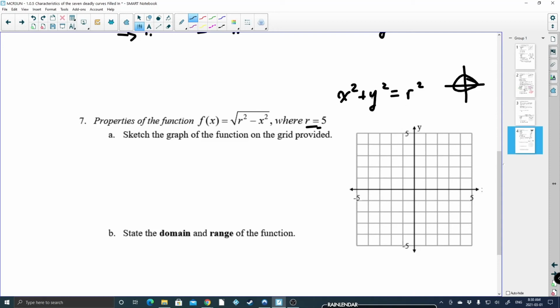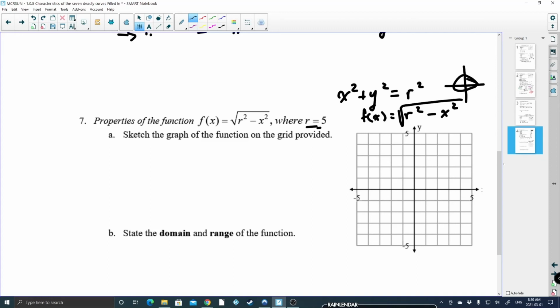And if we replace y by f of x and isolate y, you'd bring the x squared over to this side, which would subtract, and then you would square root. And that's where that equation comes from. So it is a circle, but you'll notice that it is a square root, which we've talked about before as having some restrictions.